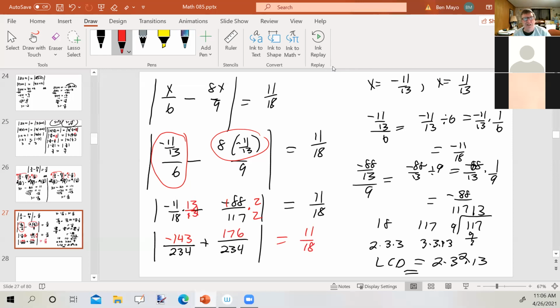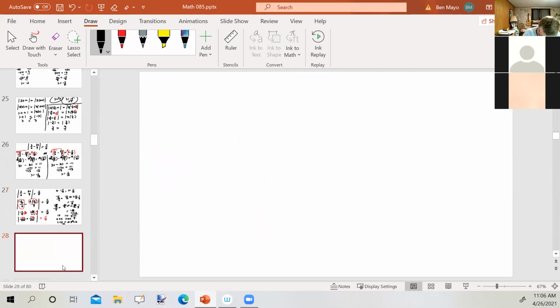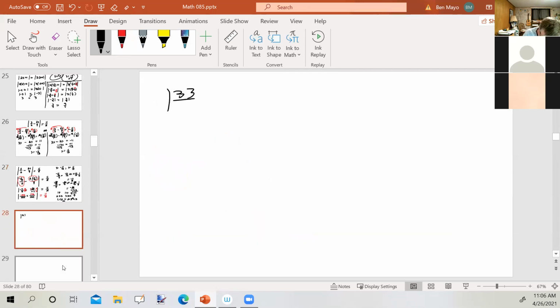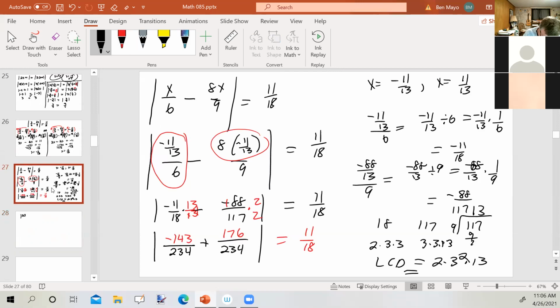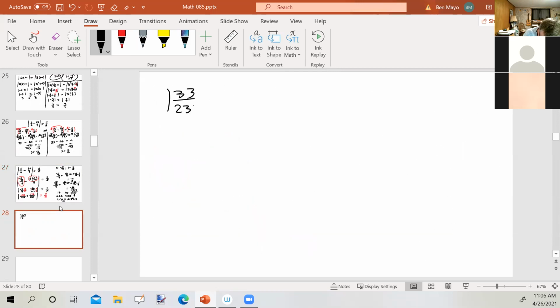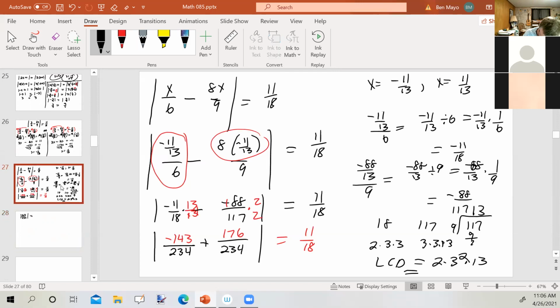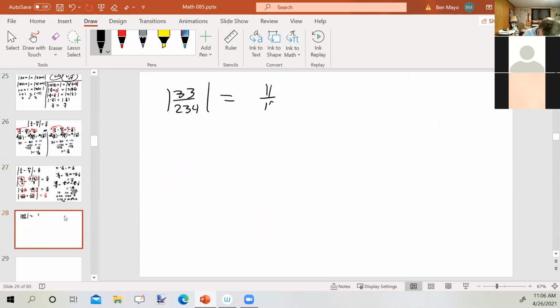Remember, we're still checking just the first answer. Okay, now, what's negative 143 plus 176? That's 33. So we've got, I'm going to go to the next page, 33 over 234 equals 11/18.